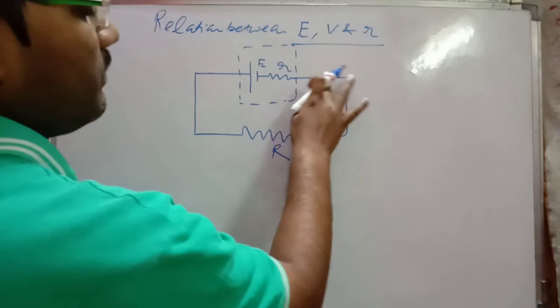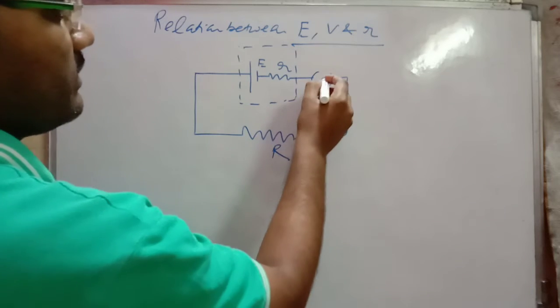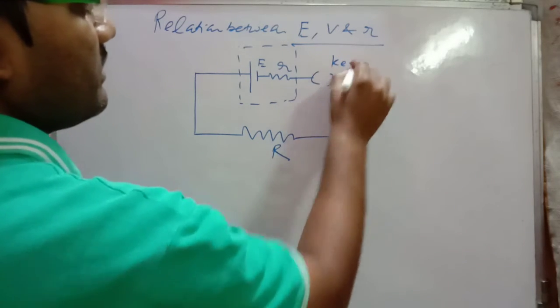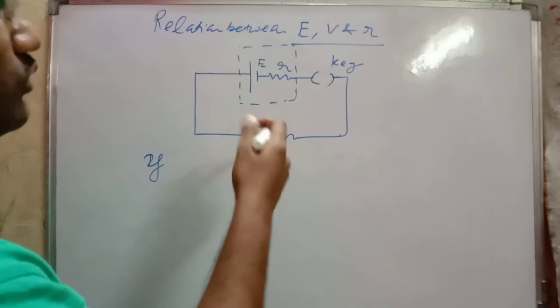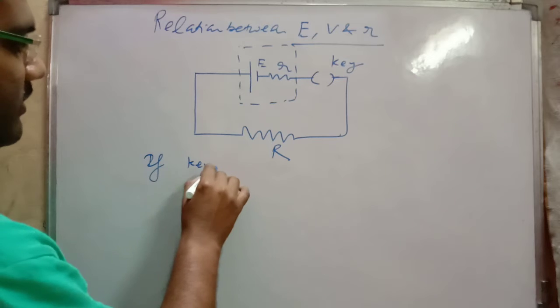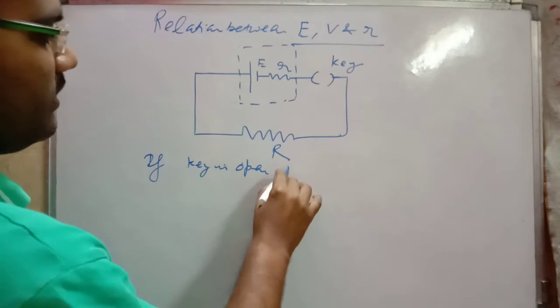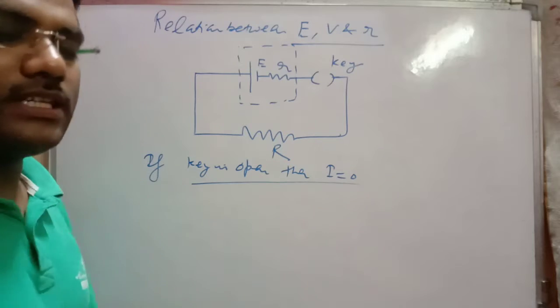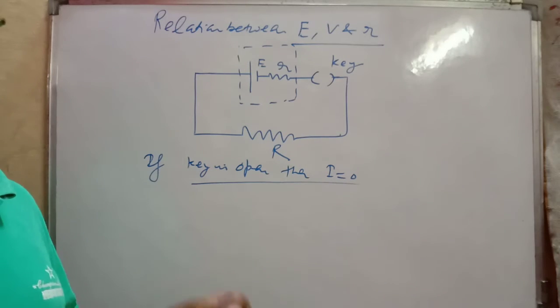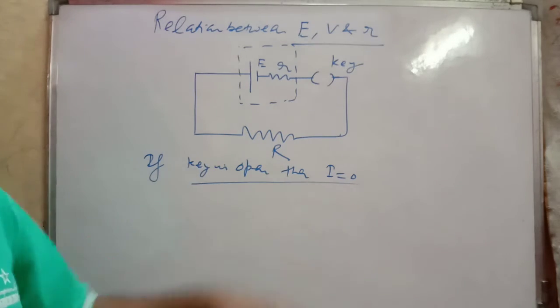Now here we apply a key. This one is the key. If K is open, then I is equal to 0. That means if the circuit is open, there is no current flow in the circuit.